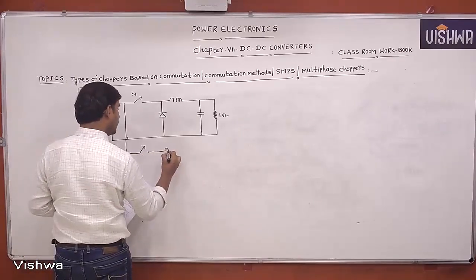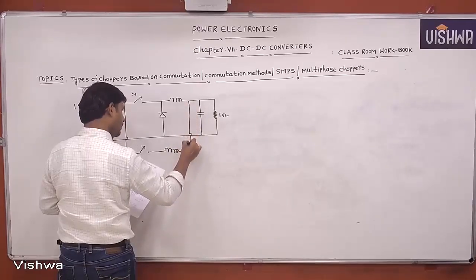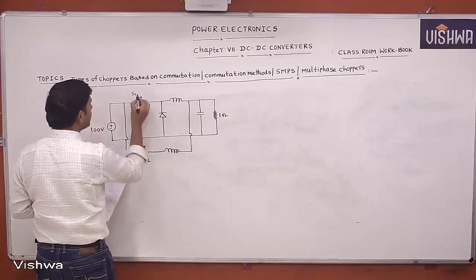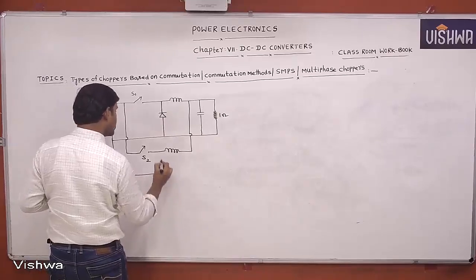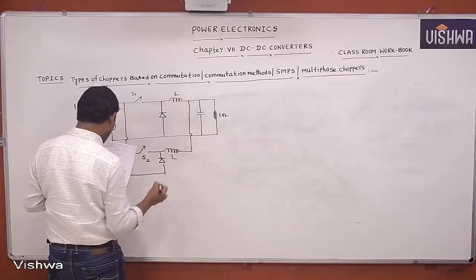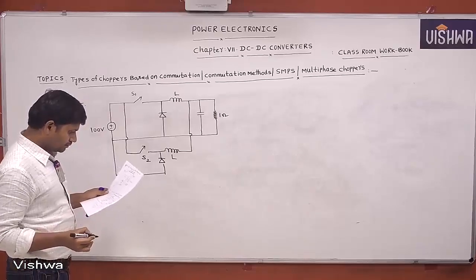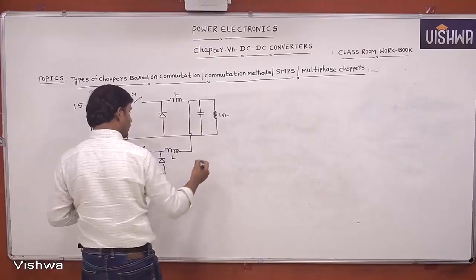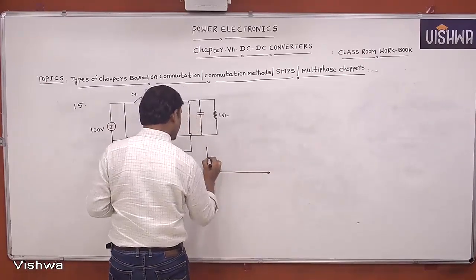This is the inductor. This is the S2 switch. This is the S1 switch. And the diode is connected like this. And this is L. This also L. The switching times are also given like this. This is the S1 switching.